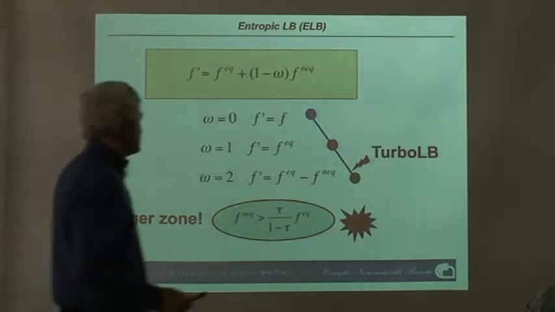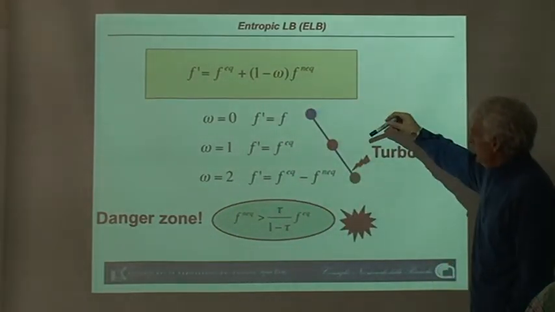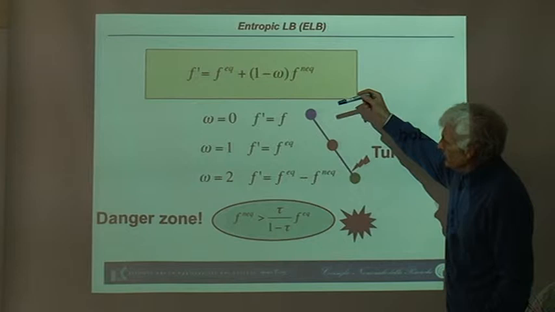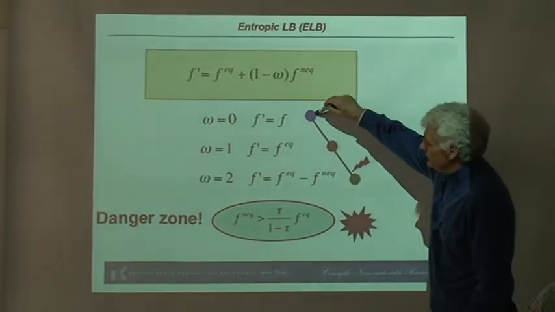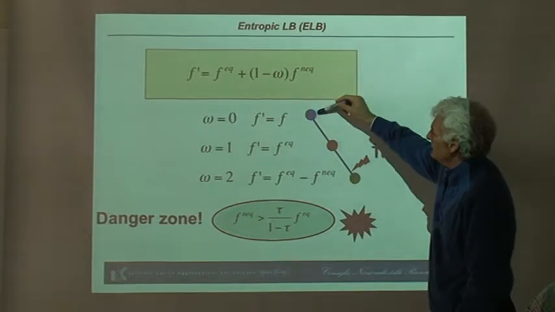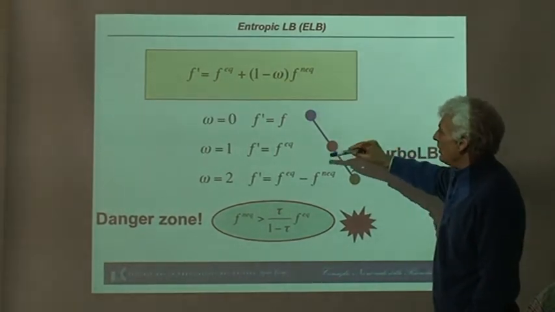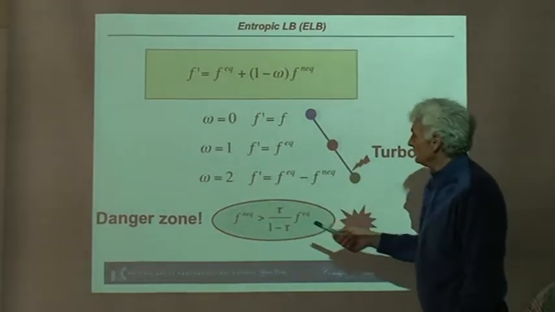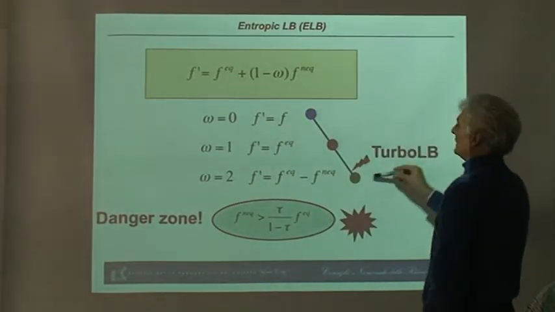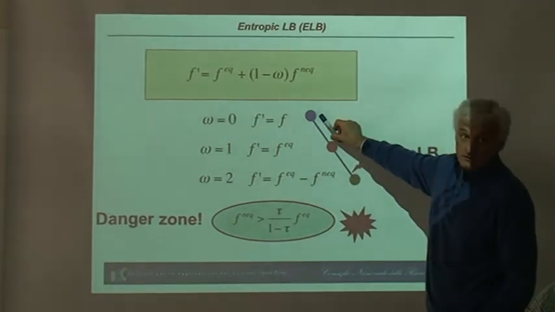So this is just the same story in even clearer format. Essentially, once again, if omega is 0, post-collision is just the same thing. Omega 1, I just go straight to equilibrium. Omega equal 2, the barrier, means that I'm just jumping the other way. So this distance here is F non-equilibrium.